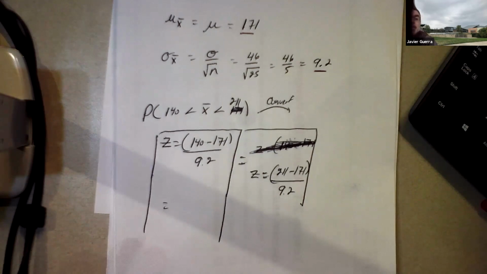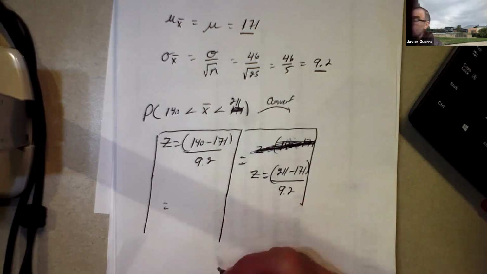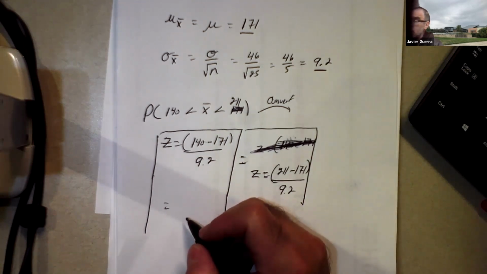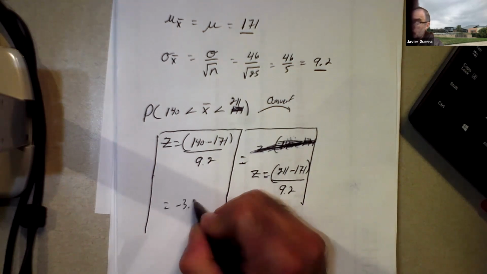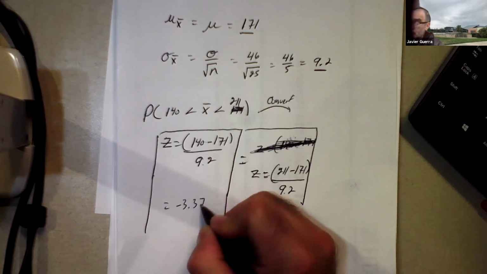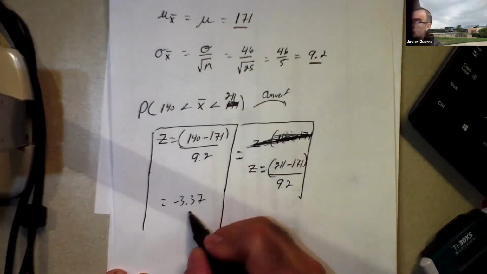Okay, now let's calculate it. 140 minus 171 divided by 9.2. Negative 3.37 was my answer when I rounded off to two places.